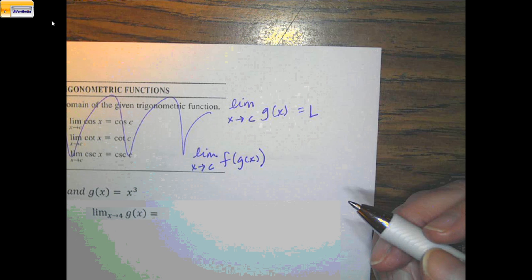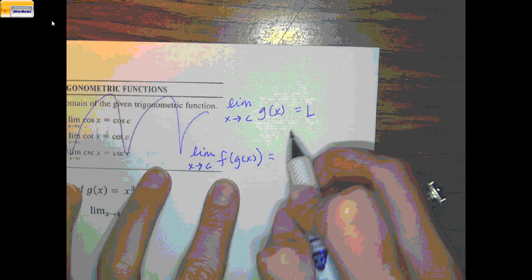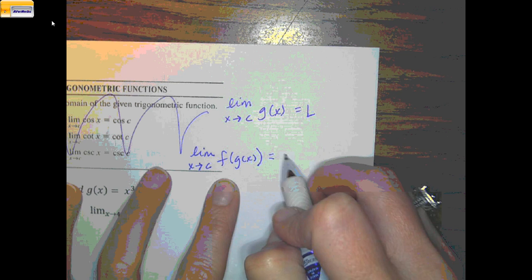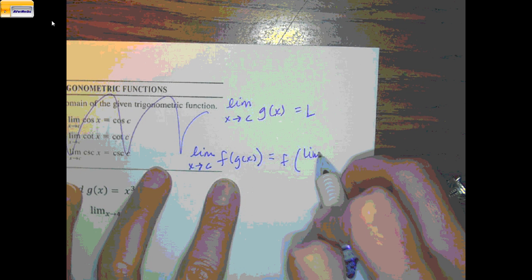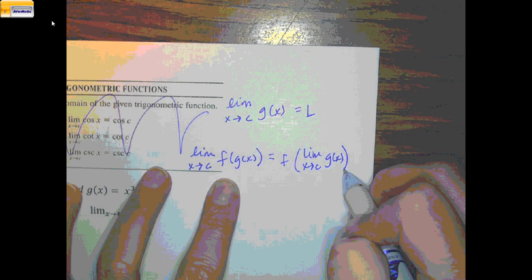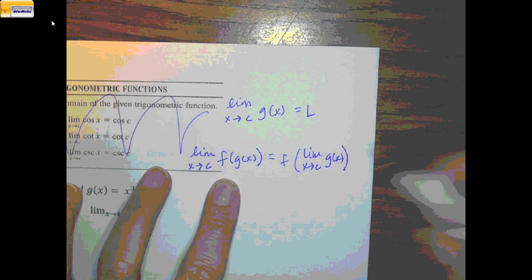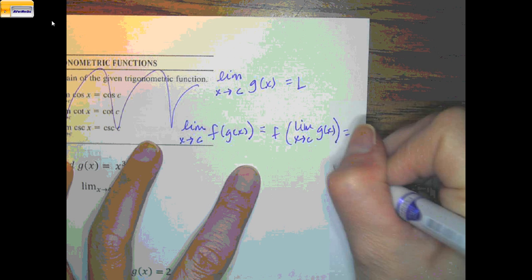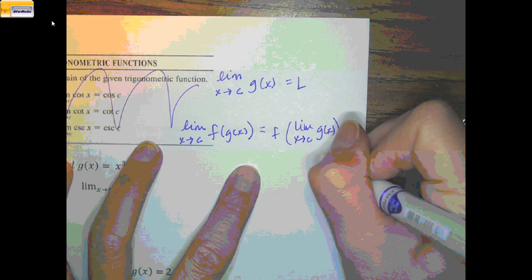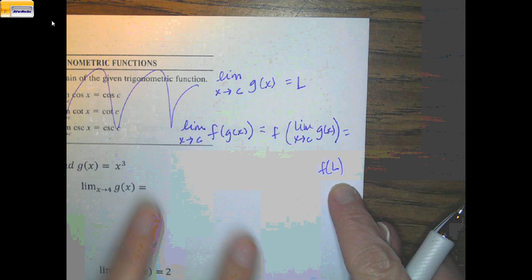The property says that you can find the limit of g of x first and then plug it into the function f. Well, we're told that the limit of g of x is L, so you're going to take L and plug it into f, and that's how you're going to find your answer.